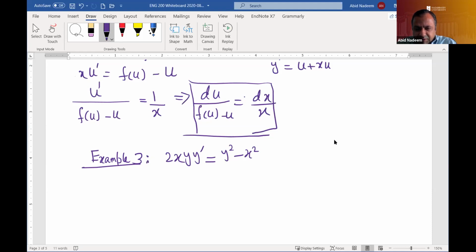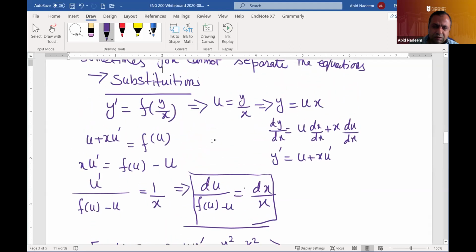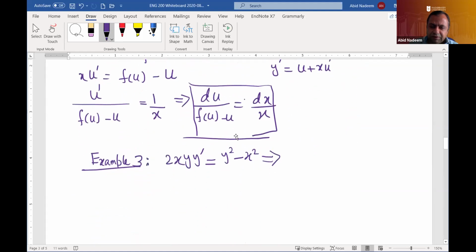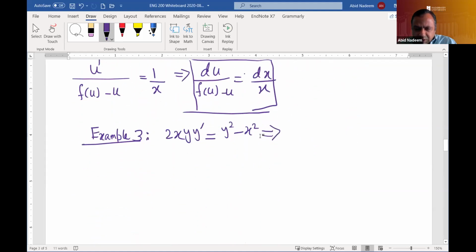So in this case, what you will do is, you will divide both sides of this equation by 2xy, to make y prime on one side. So 2xy y prime divided by 2xy is equal to y square minus x square over 2xy.